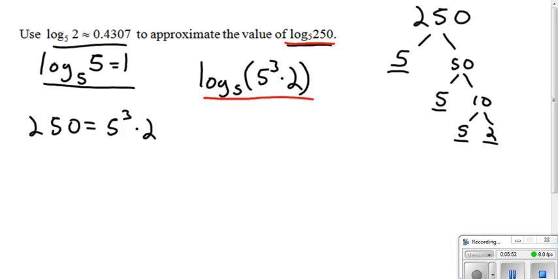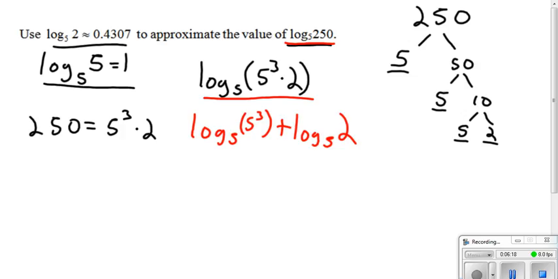Now we can use our properties in reverse and say that if we have log base 5 of one number times another, we can call it log base 5 of 5 to the third power plus log base 5 of 2. And we're getting a little bit closer to our desired destination.